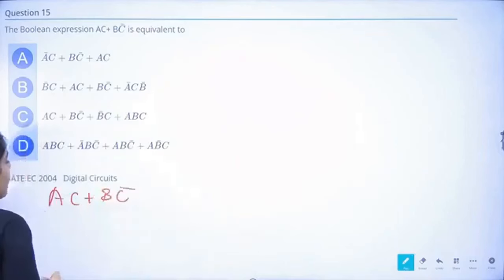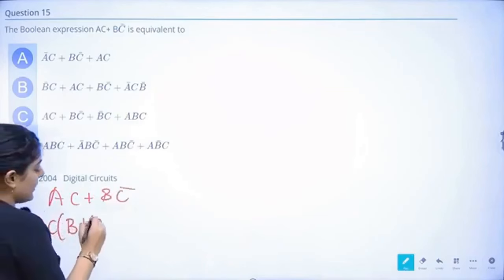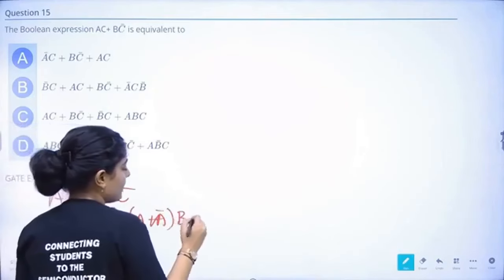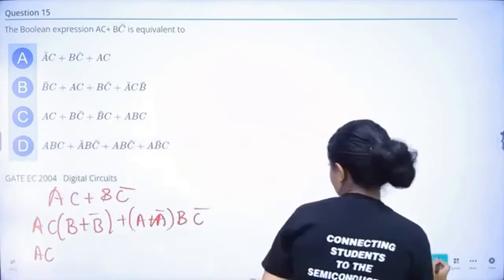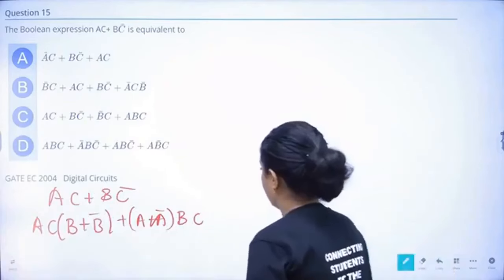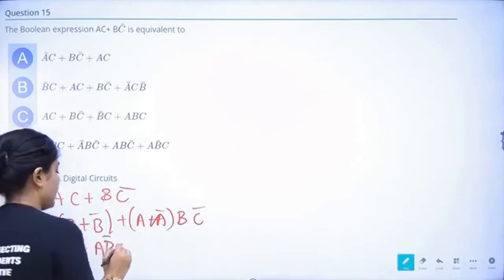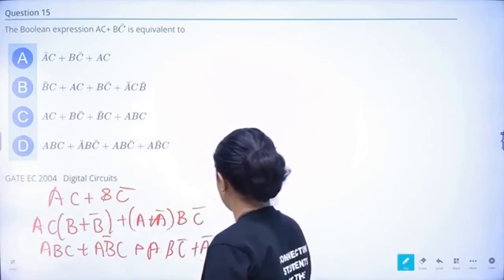Plus AC plus B bar plus A bar, expanding it, so it will be ABC plus AB bar C bar plus bar.